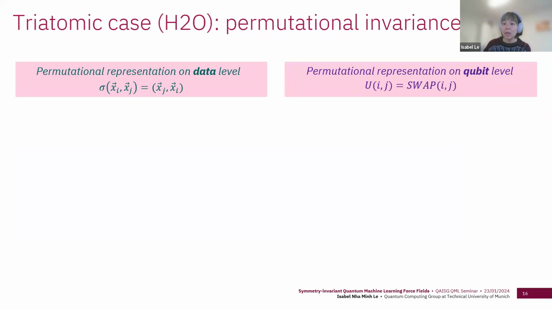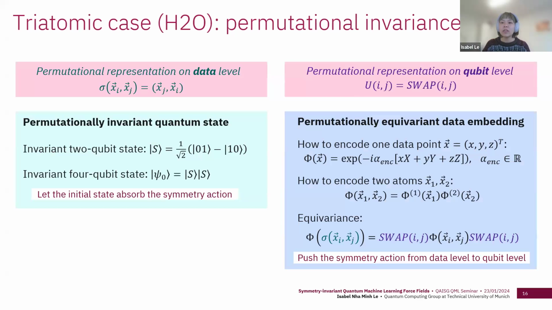Okay, as I said, we also need to take into account permutational invariance in this case. So interchanging two atoms on the data level is simply represented by interchanging the corresponding coordinates. And on the Hilbert space, this is represented by swapping the corresponding qubits, depending on how the atoms were encoded. And we can note that the singlet state is not only rotationally invariant, but also permutationally invariant for swapping certain qubit pairs.